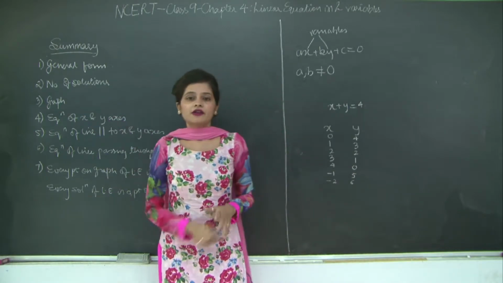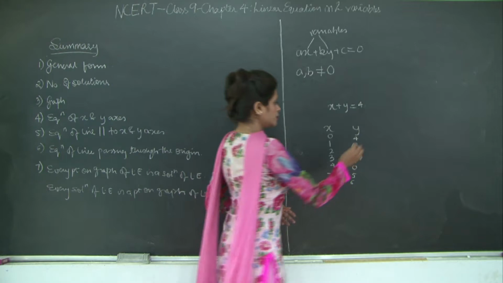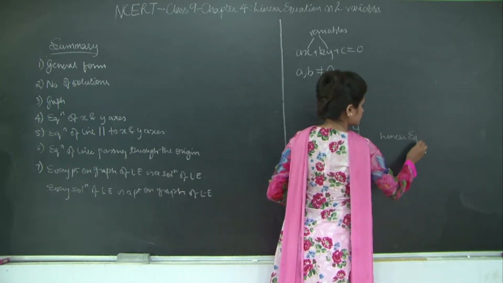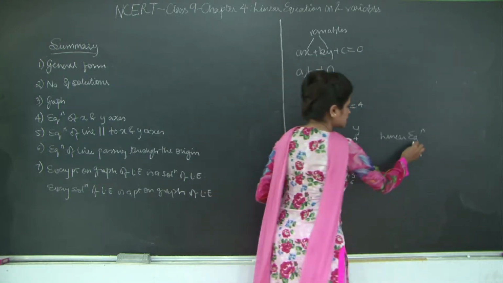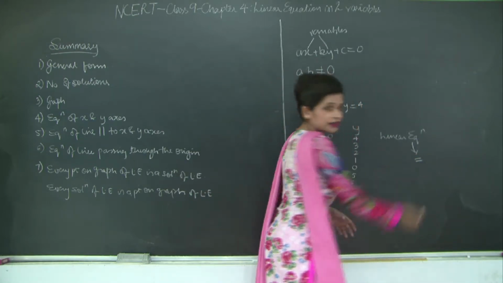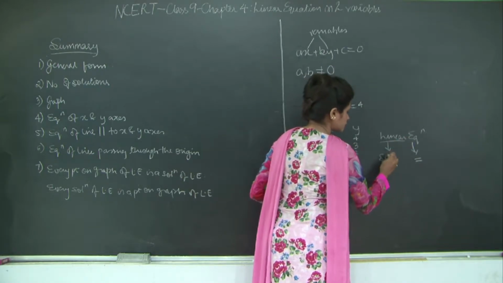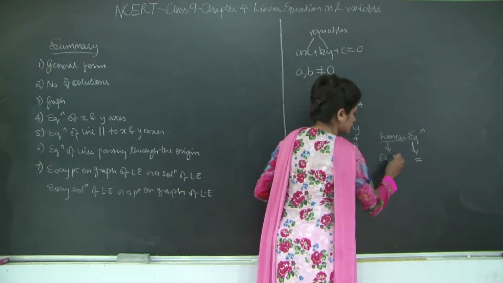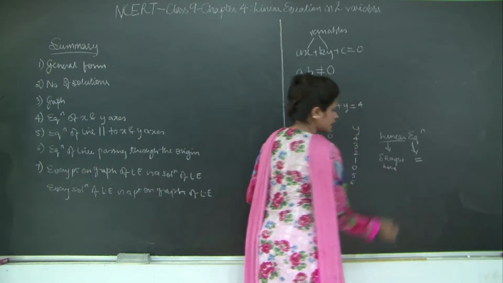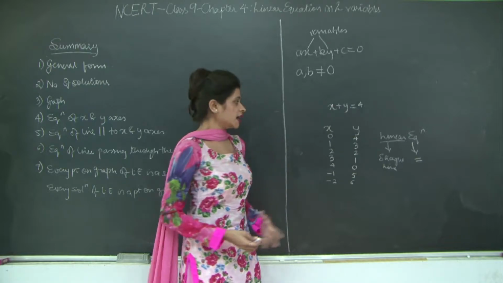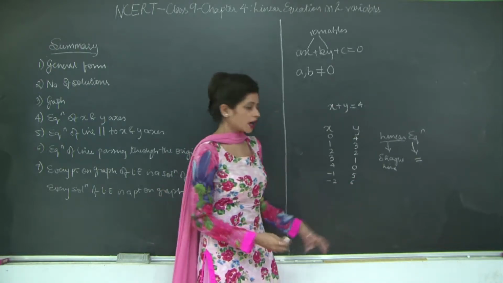The graph. First of all, we learned the term linear equation. Equation is derived from the equal to sign, and linear means straight line. Correct? So the graph of linear equation in two variables is always going to be a straight line, and you're going to plot it on your Cartesian plane.